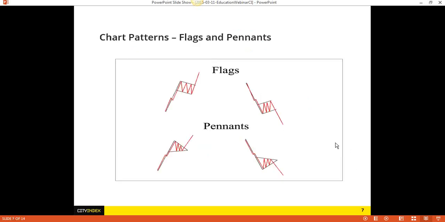Now, just to go over quickly the targets on these. A lot of people will talk about targets. You have this flag pattern, for example, and once you have the breakout, you would simply extend the height of this flagpole up to the upside, and you would get your target.